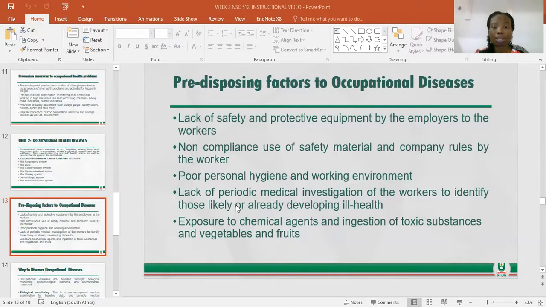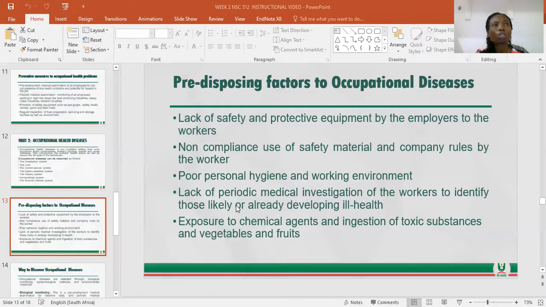You as a nurse that is working in that company, you need to tell the employees to request it if they are going to enjoy good health and prevent occupational disease. Part of your role as a nurse is to encourage workers to request protective equipment from their employers.